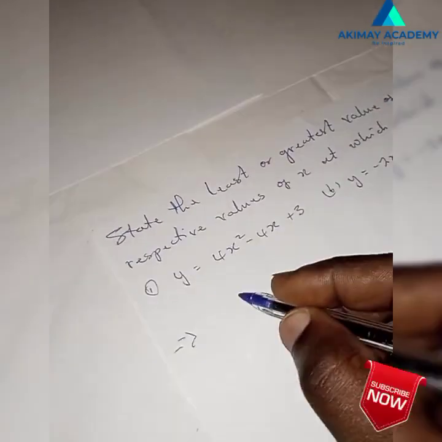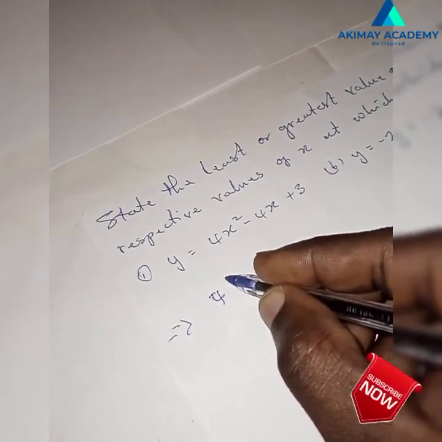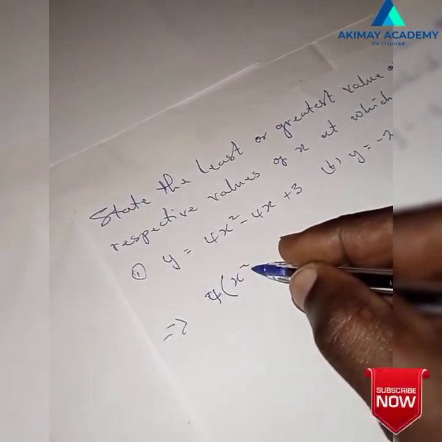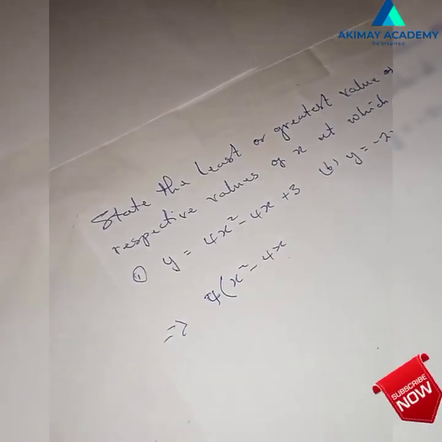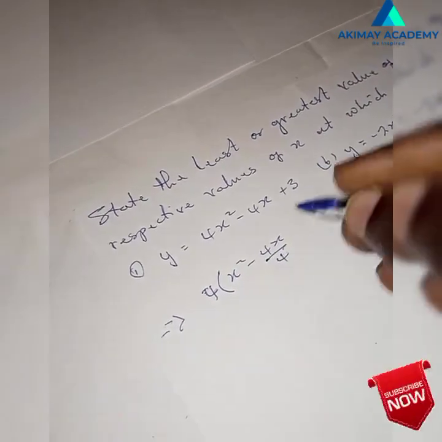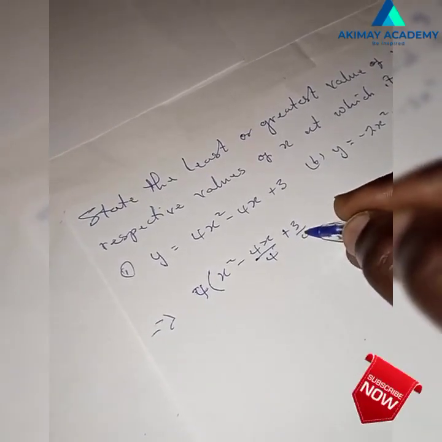When we do that, we factor 4 out, then we have x squared minus 4x. Because we factor the coefficient of x squared out, this term is going to be out of 4. Then 3 will also be out of 4.